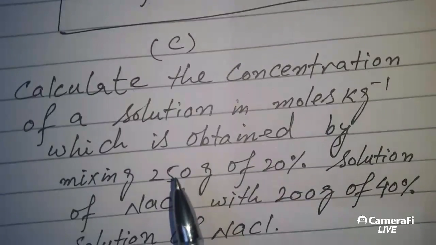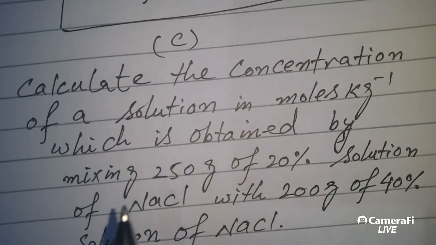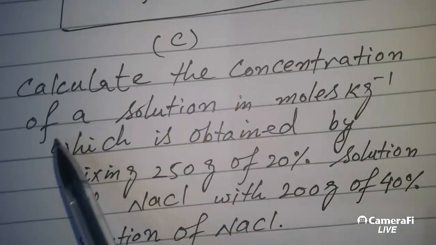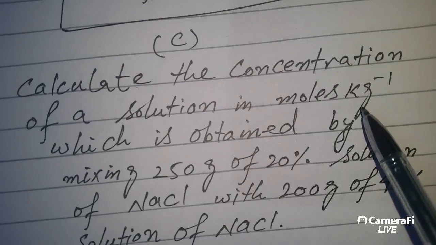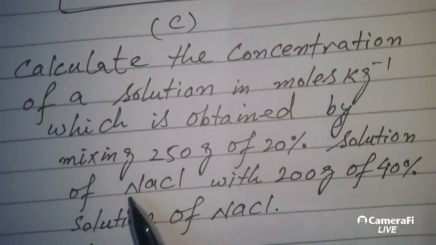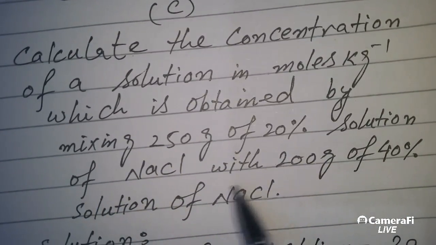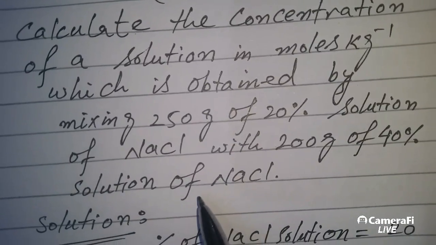Now we go to the next part, which is the C part of this problem. Calculate the concentration of a solution in moles per kg, which is obtained by mixing 250 grams of 20% solution of NaCl with 200 grams of 40% solution of NaCl.